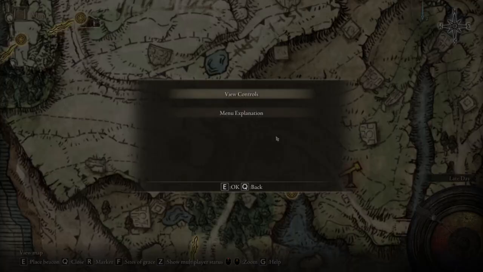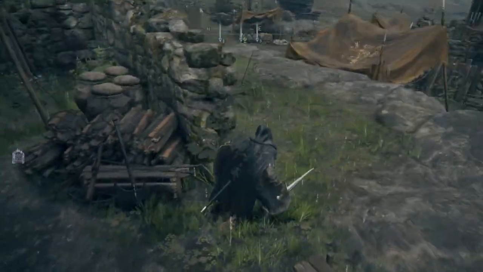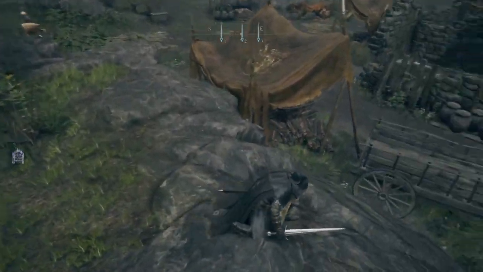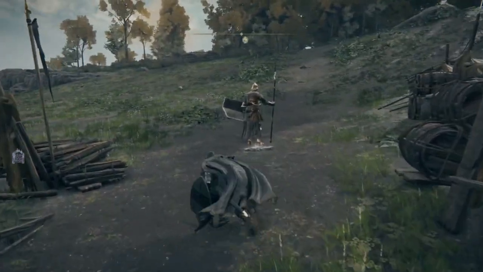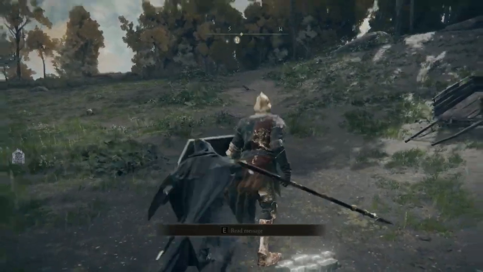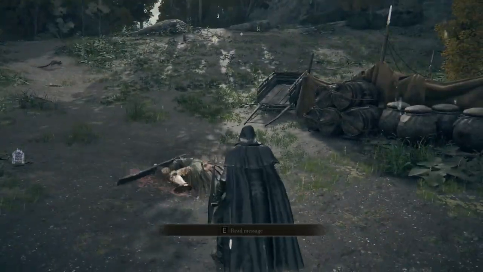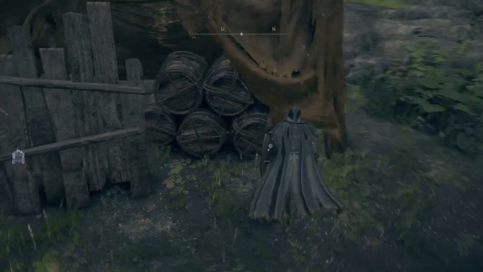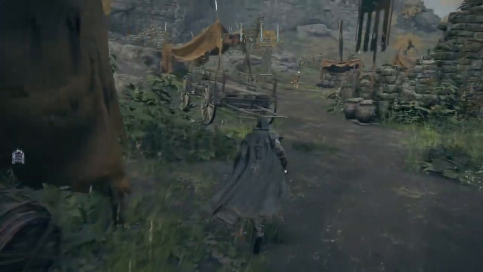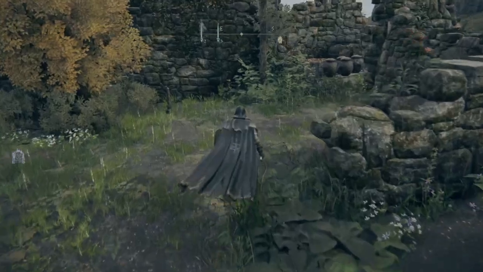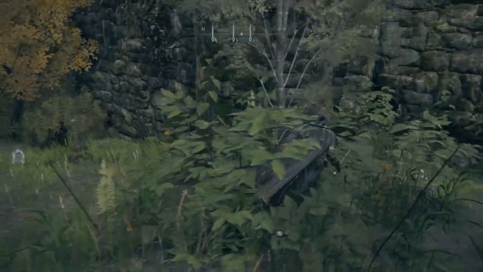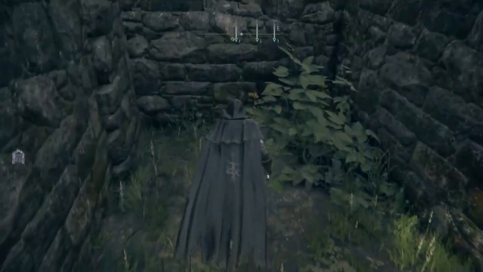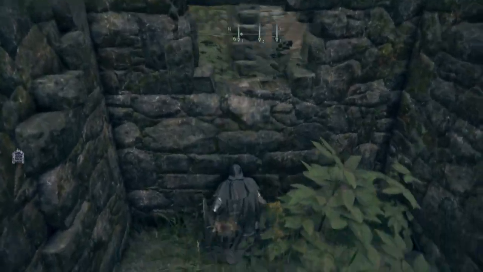Okay, the cave is literally that direction. Is it in the middle of the road? I feel like it's in the middle of the road. But how is it possible that it's in the middle of the road? Like in the middle of here? But there's practically nothing here.